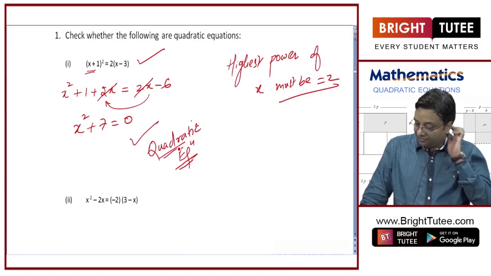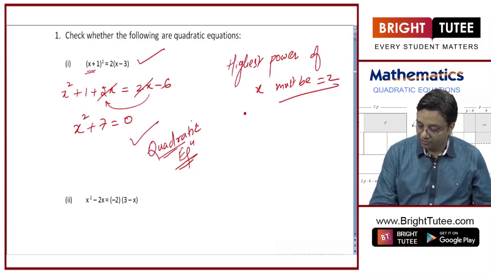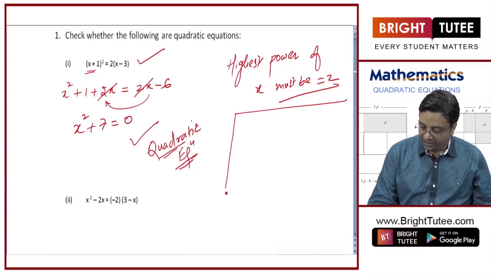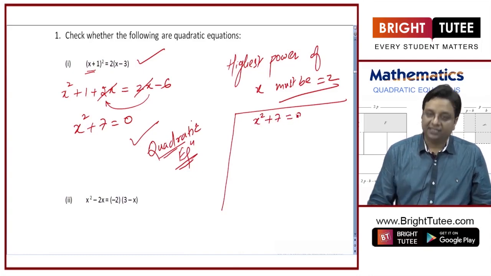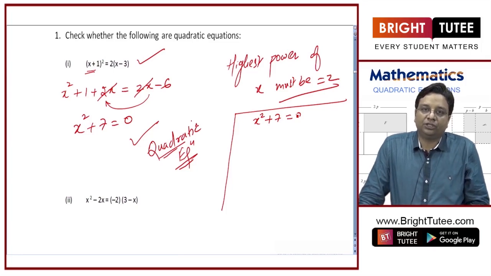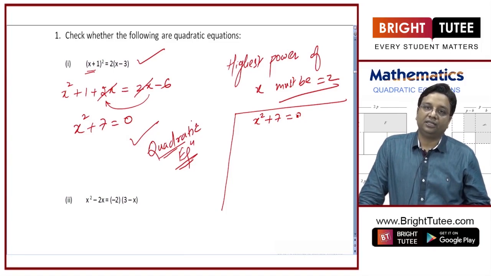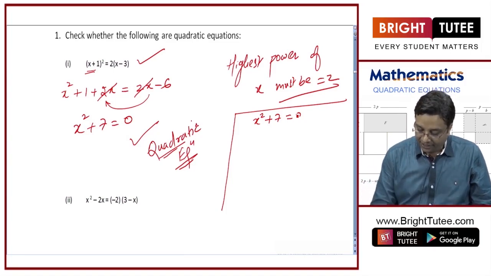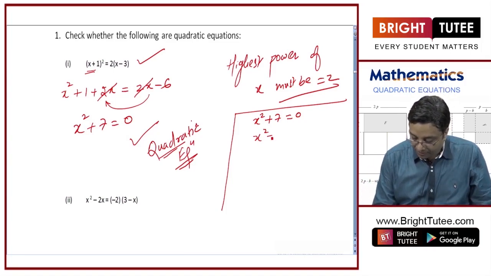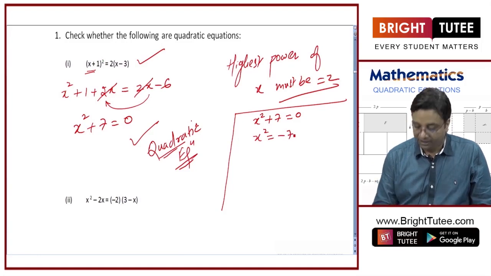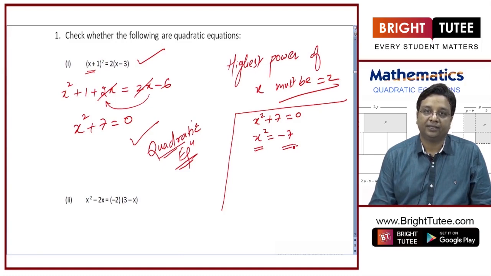Now, it is a different thing. Some of the students who can understand it can also appreciate that when I say x square plus 7 equal to 0, this equation will never have real solutions, right? Why? Because x square will become minus 7 and square of a quantity cannot be negative, right?